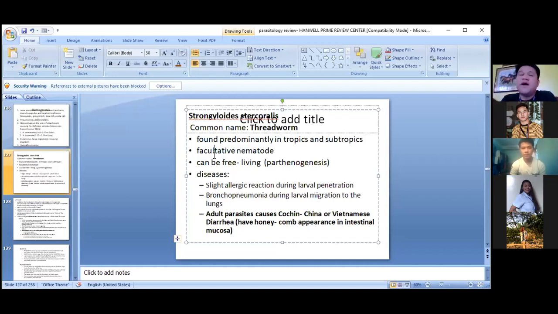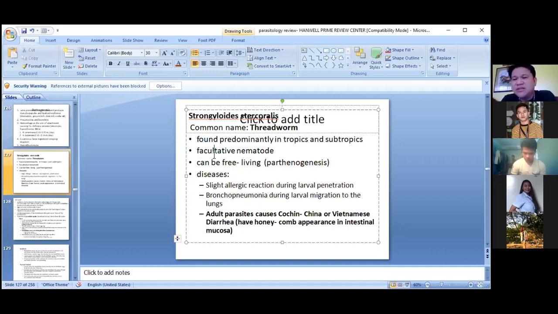Okay. Now, Strongyloides stercoralis is found in tropics and subtropics like that of the Philippines. The Philippines is found in a tropical country, the tropical area of the world, no? Similar as that of your Ascaris lumbricoides and of course, no, your Trichuris trichiura and your hookworms, no? But remember the next two bullets I have. It's a facultative nematode. It is also a free-living nematode.